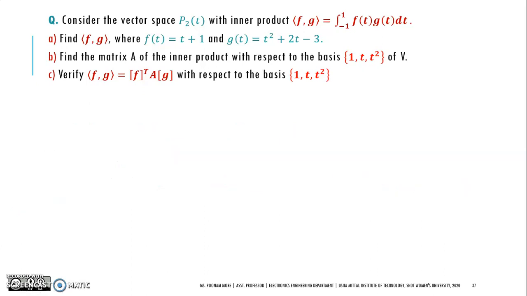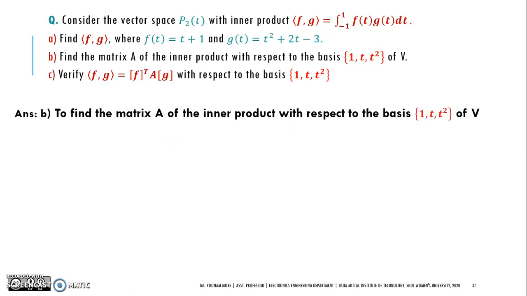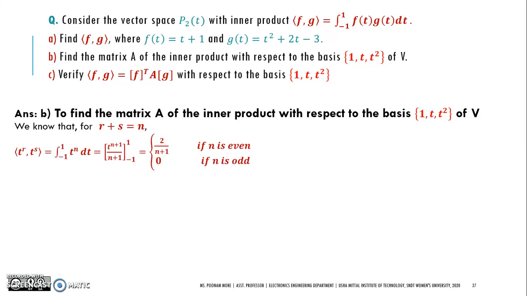Now we will proceed further to section B, where we have to find out the matrix A of the inner product with respect to the basis 1, t, t square of vector space V. As we know this rule, if we are supposed to find the inner product of t with different powers, that is r and s, then it is defined as the integration of t raised to n with the limits from -1 to 1, where n represents the summation of r and s.